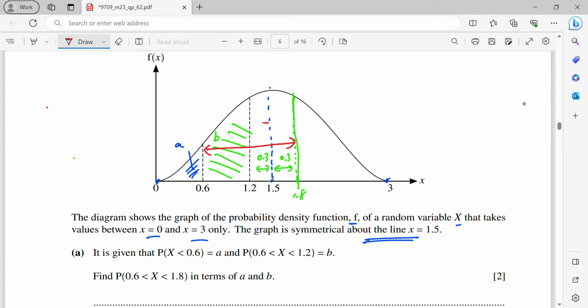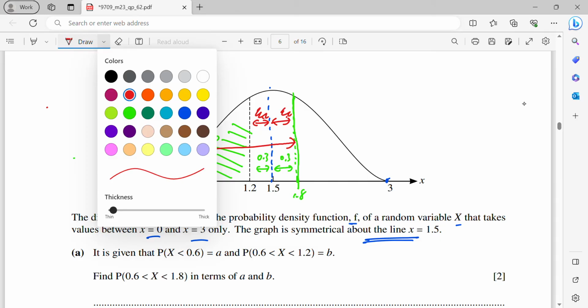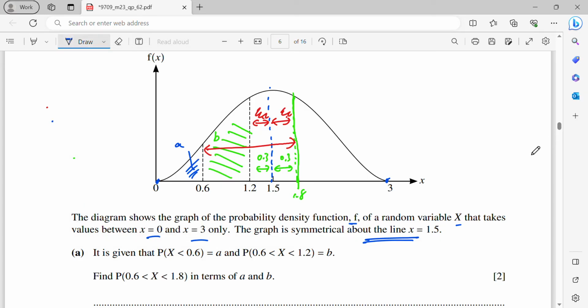I need to get this first, then it will be the double, because these two are symmetrical. Both red regions will be the same. So I will have to calculate first.